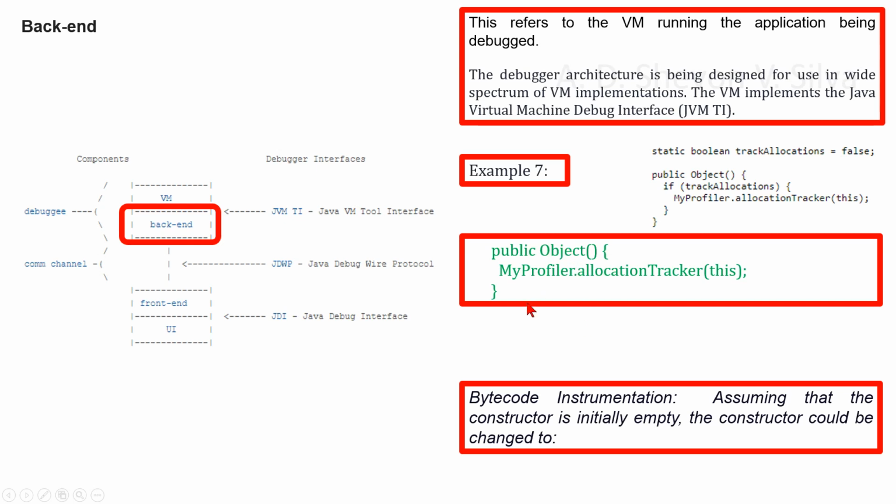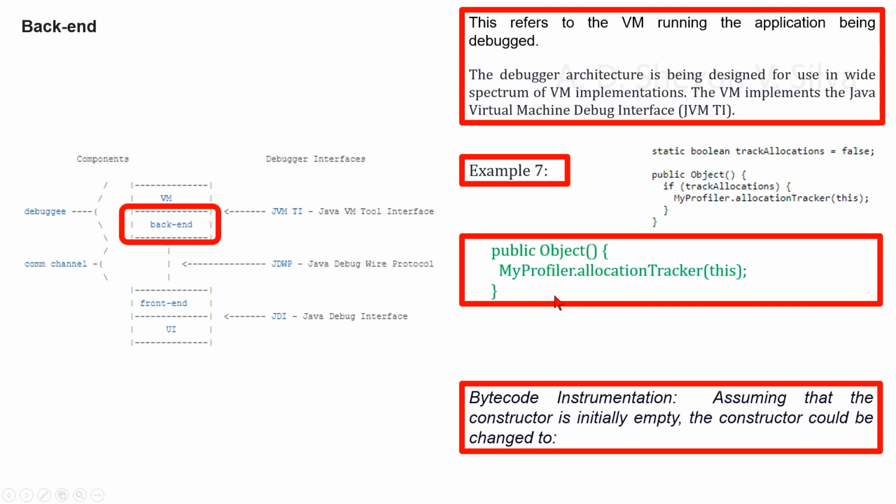However, if this change was made during the ClassFileLoadHook event, then this might impact a typical VM as follows. The first created object will call the constructor, causing a class load of MyProfiler, which will then cause object creation, and since MyProfiler isn't loaded yet, infinite recursion, resulting in a stack overflow.